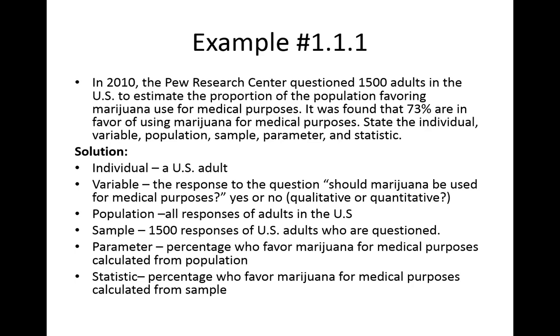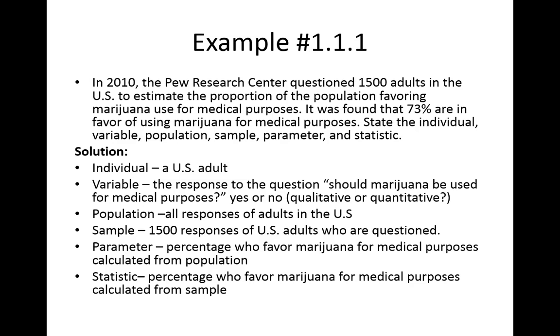And we see that in the research center, they questioned 1,500 adults. So that's not everyone in the U.S. So that's obviously a sample that we're working with. And so we're finding a proportion of a sample.